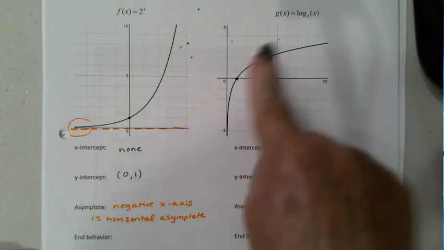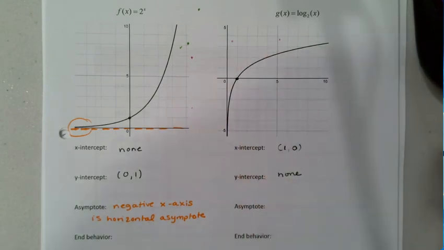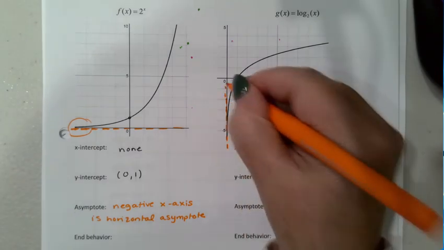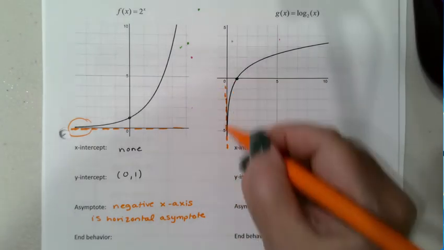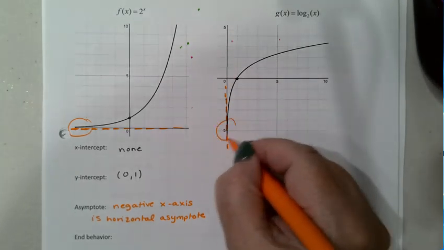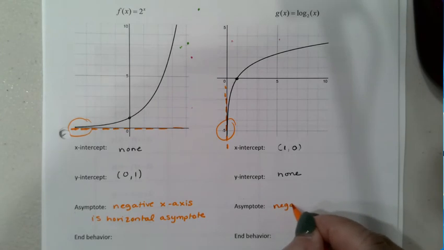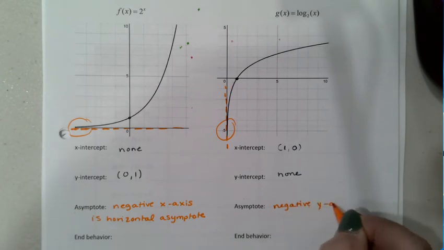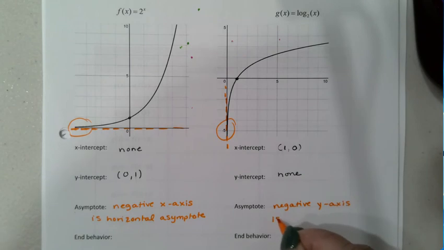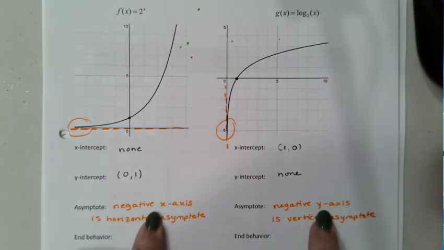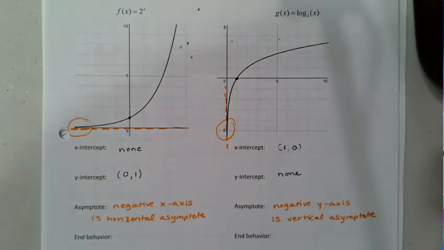On the inverse function, the logarithm function, this time it's the vertical. The function comes really close to that vertical line of the y-axis, comes close but doesn't touch or cross. So the negative y-axis is a vertical asymptote. Again, you see that reversal of x and y in the inverse functions.